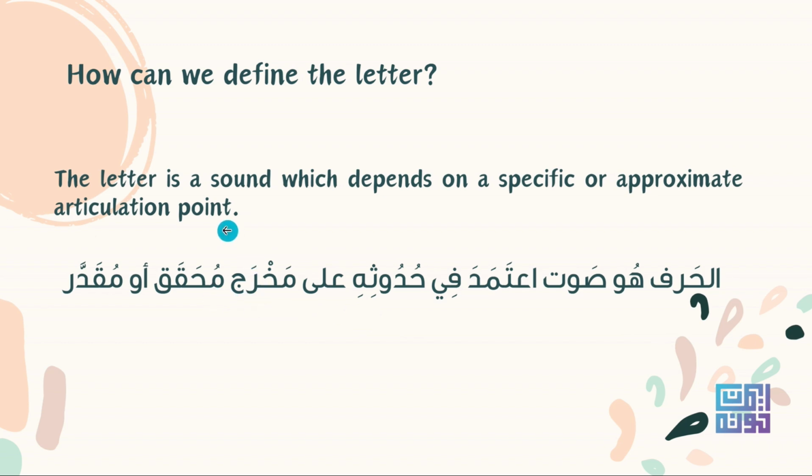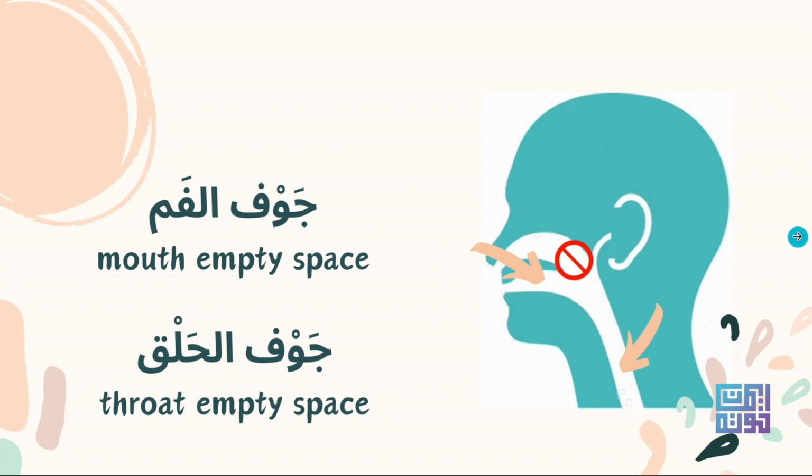Makhraj means an articulation point or exit point where the letter is pronounced from. محقق is a specific, أو مقدر, which is an approximate articulation point. Let's have a look so that we understand more what we are saying.